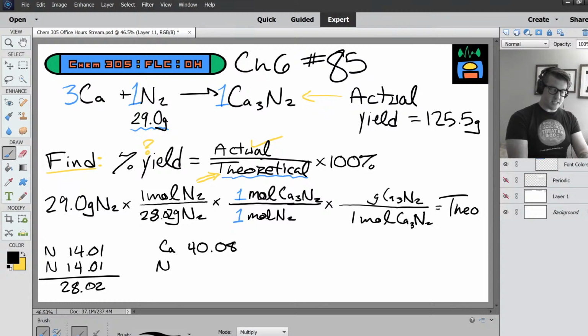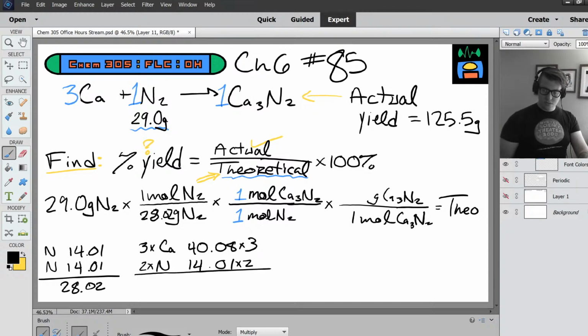Calcium has an atomic mass of 40.08. Nitrogen 14.01, but we have 2 nitrogens in play, and we have 3 calciums in play. So we multiply 40.08 times 3 plus our 28.02 for our mass of nitrogen. This gives us a total molecular weight of 148.26.